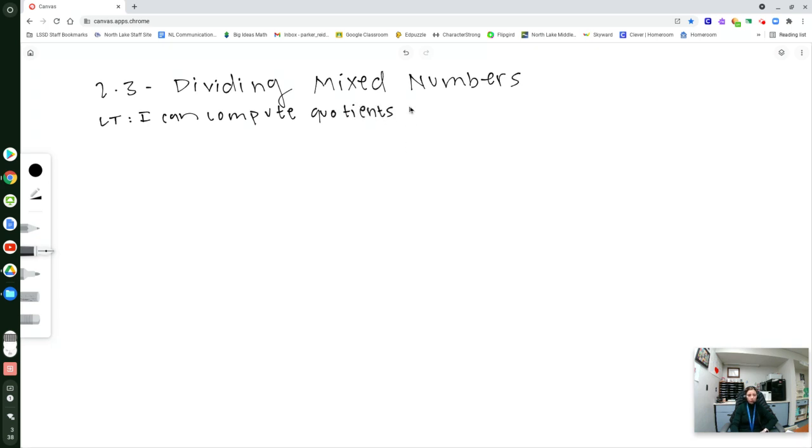Quotients means division. Quotients with mixed numbers and solve problems involving division with mixed numbers.